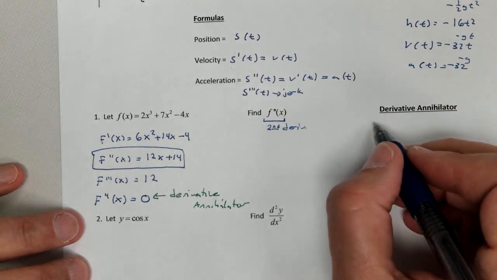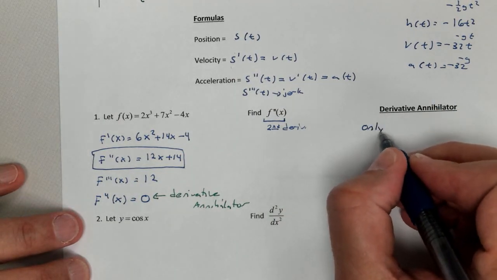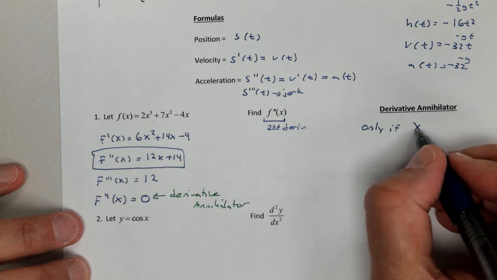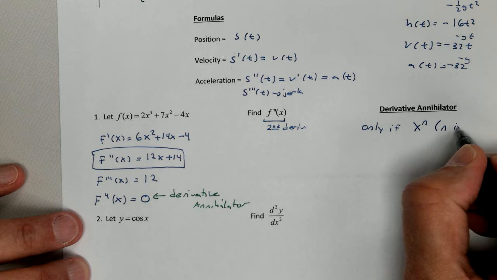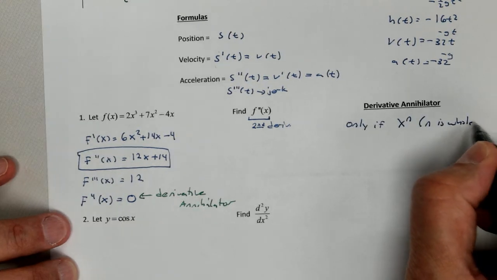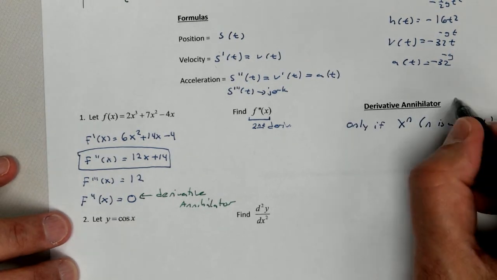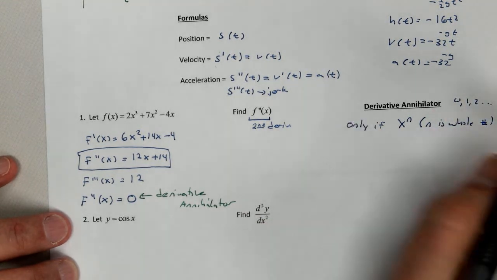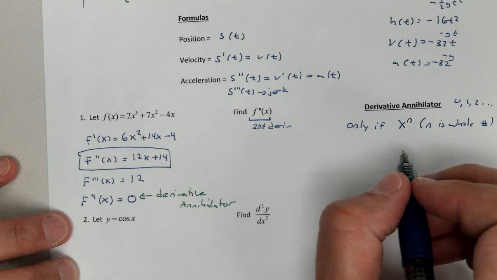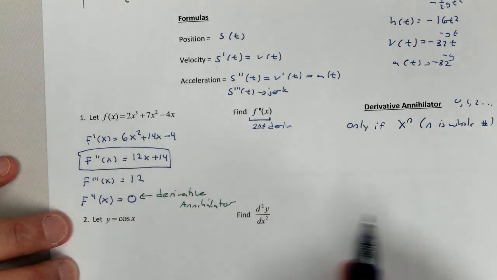The derivative annihilator only occurs if we have a polynomial function or power function where n is a whole number. Now, if you forget what a whole number is, that's numbers like 0, 1, 2, and so forth. Nothing negative and no fractions or decimals. So we can take a look.